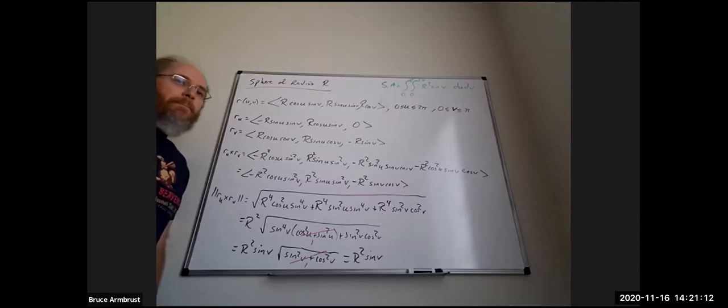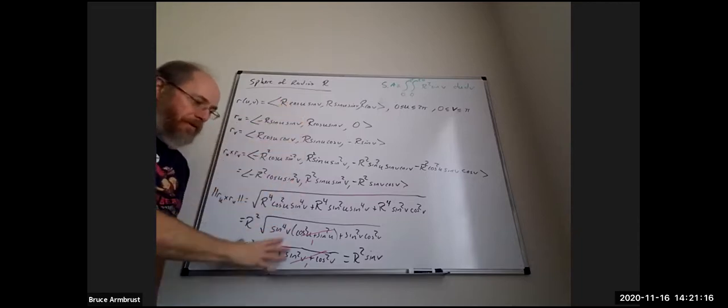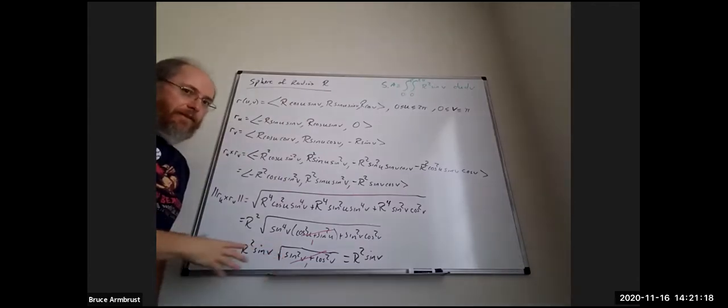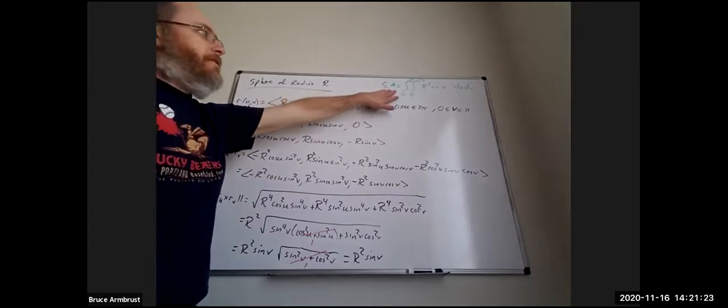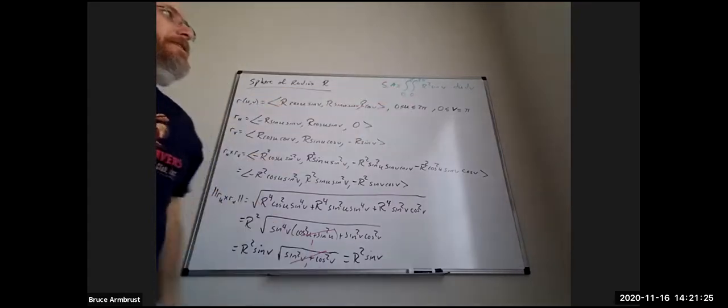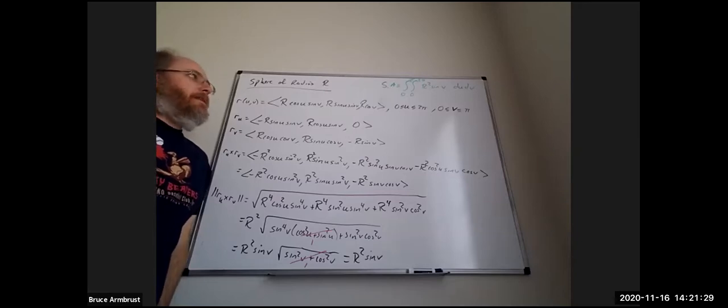All right, so all of this work, all this stuff in purple, got us to the place where we now have our double integral that we can use to solve for the surface area of the sphere.